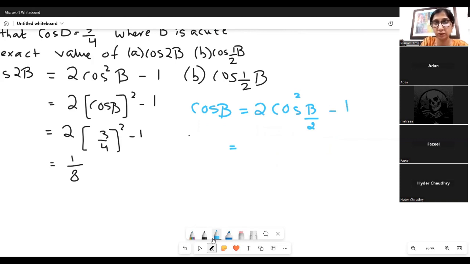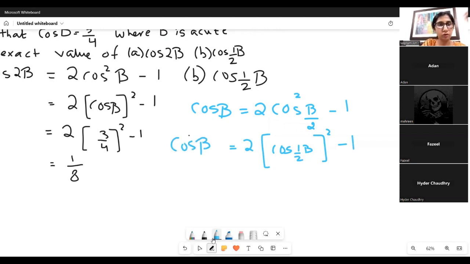So that would be 2 times cos half B whole square minus 1, and the left hand side is cos B. We already know cos B is 3/4, equals 2x square minus 1. Let's call this x, or just keep it as cos half B, it doesn't make any difference. So make x the subject.